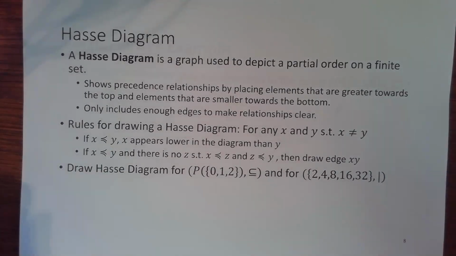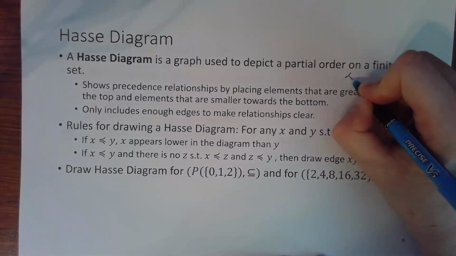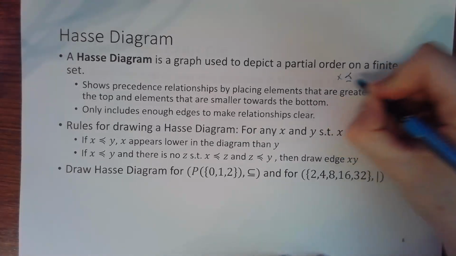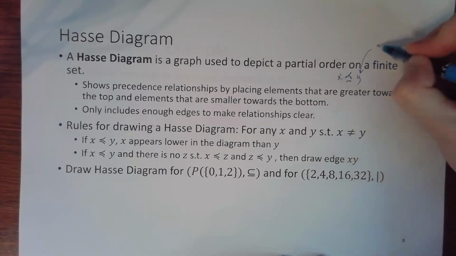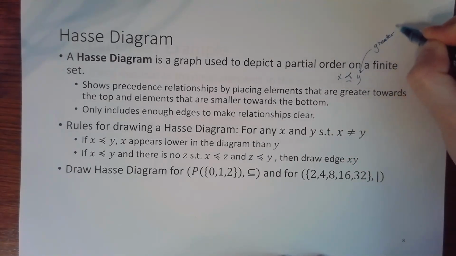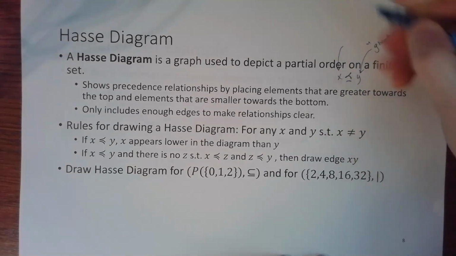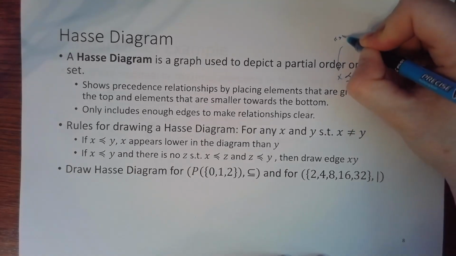And it shows all the precedence relationships by placing elements that are greater towards the top and elements that are smaller towards the bottom. And when we mean greater, we mean in this relationship. So we're talking about this being greater and this being smaller.